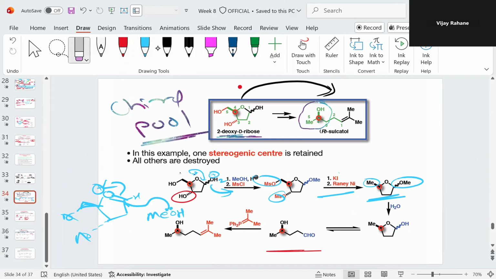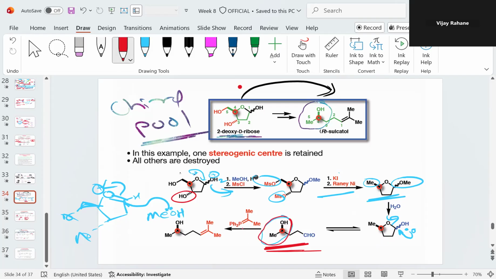I just showed the opposite manner. So this lone pair goes here. This bond goes here. So this is basically the part that comes from this entire stuff, right? So this is what we get in this step.